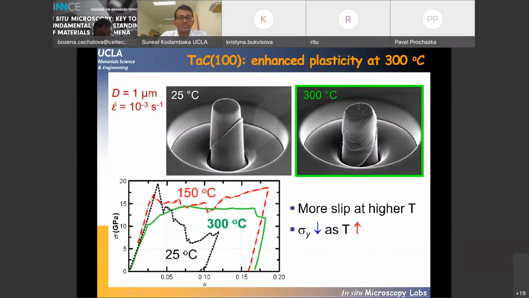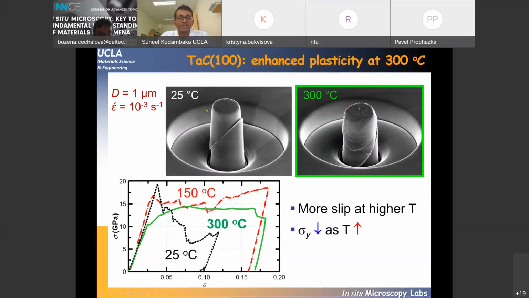With the changing temperature, so initially at 25 degrees C for 100 crystals, we see one macroscale slip event. And the corresponding curve is shown here by this black curve for the stress strain behavior. But if you see at 300 degrees C, you see significant slip activity.